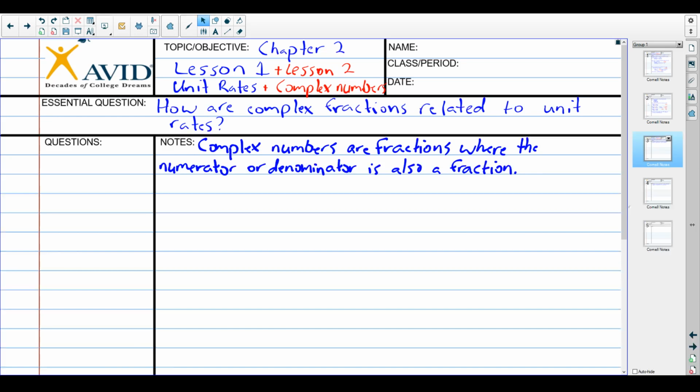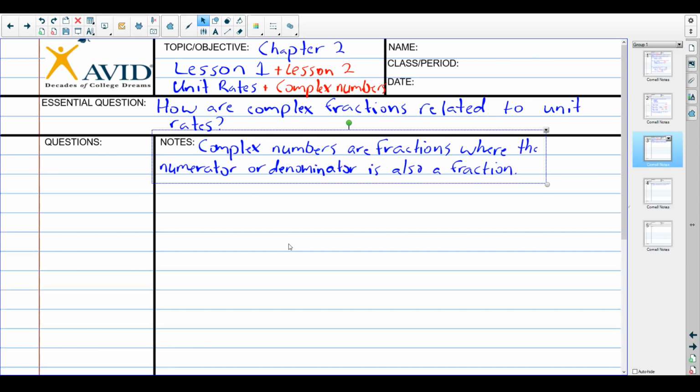So our next part. Lesson 2 is all about complex numbers, and complex numbers are just fractions where the numerator or denominator is also a fraction. So it's just fractions within fractions, which is not as bad as you can imagine it in your mind.